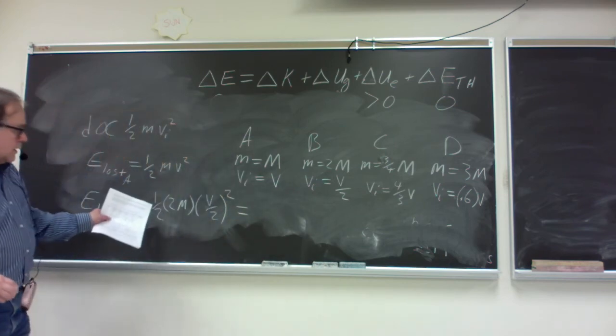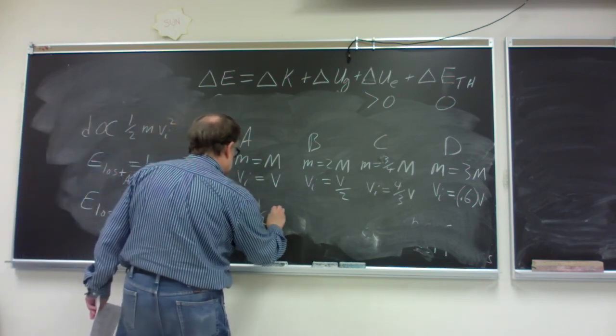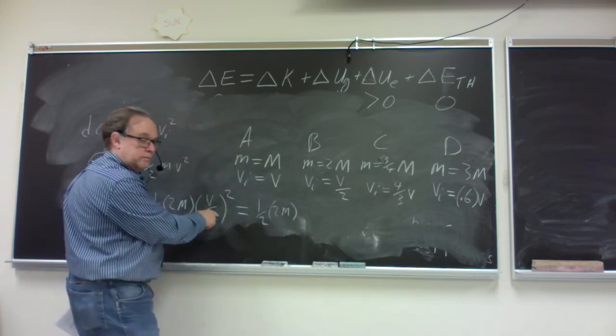So what we've got now is 1/2 2m times v squared over 4.